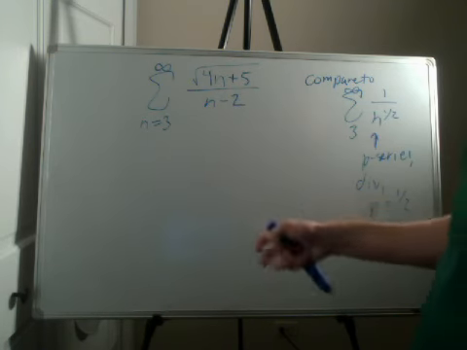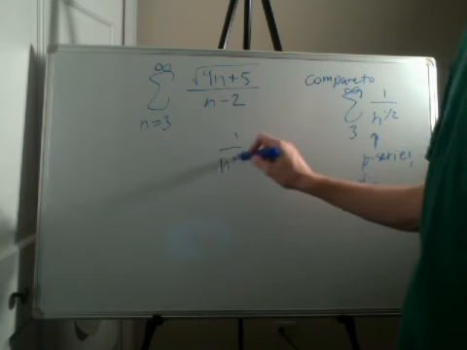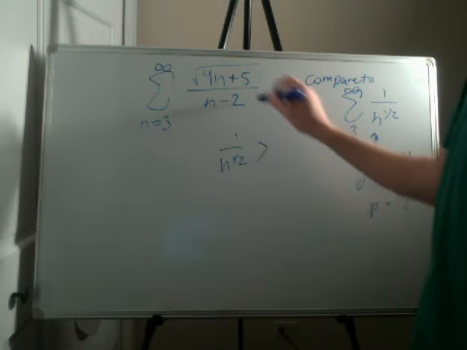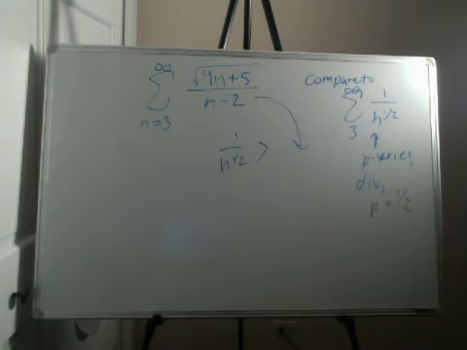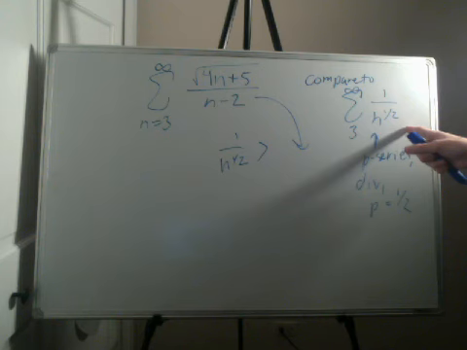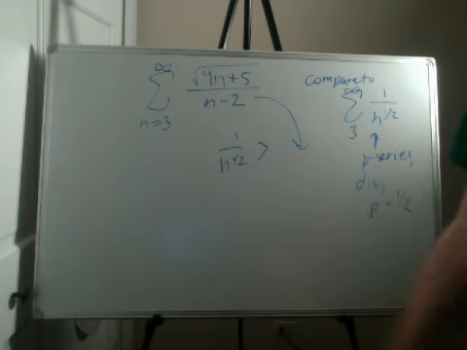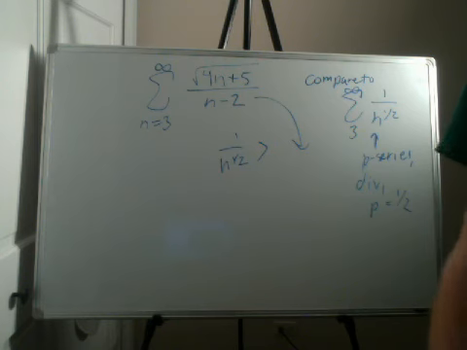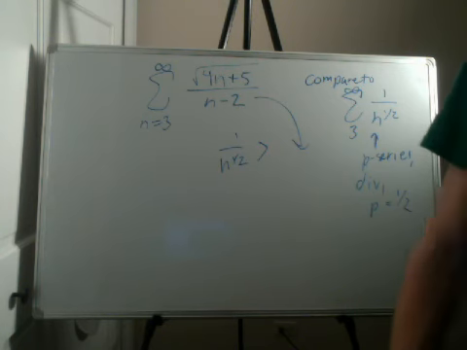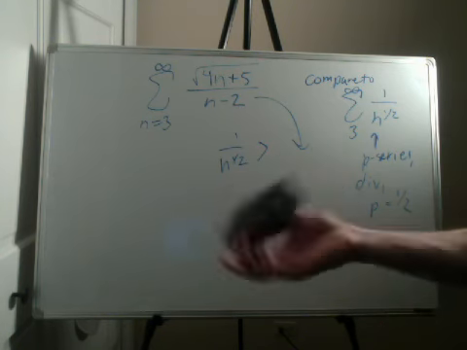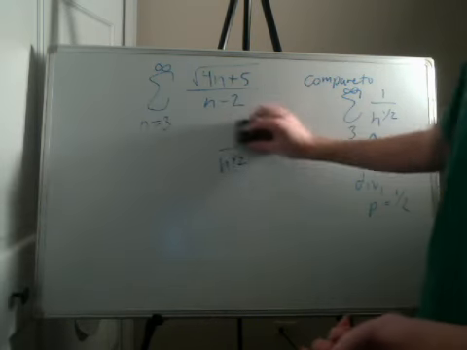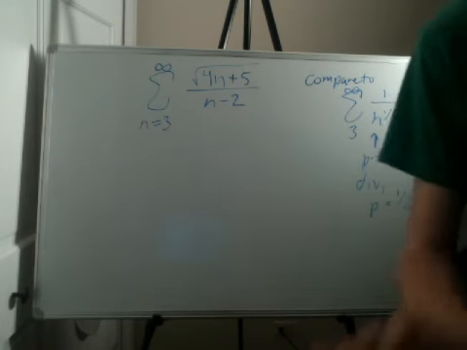So you could write 1 over n to the 1/2 is greater than that thing. But the thing is that this one diverges, and so if this is smaller than something that diverges, we don't know if that also diverges or if that is a value. And for that reason, we can't use direct comparison because there's not enough information, really. So we'll use this thing called limit comparison test.